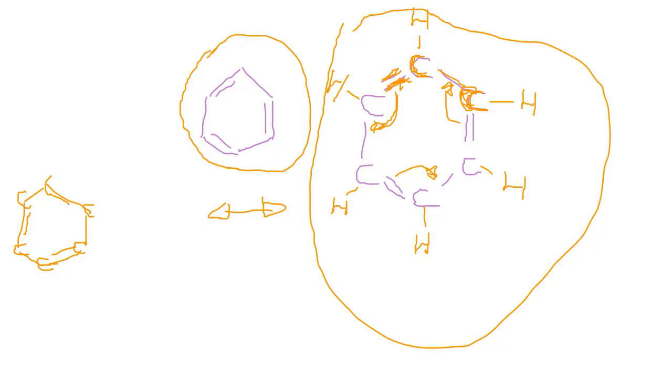So basically, to make it a little simpler, the resonance, you can do this now that you know the real structure. And when they ask you the resonance, you do an arrow like that, pointing both ways.